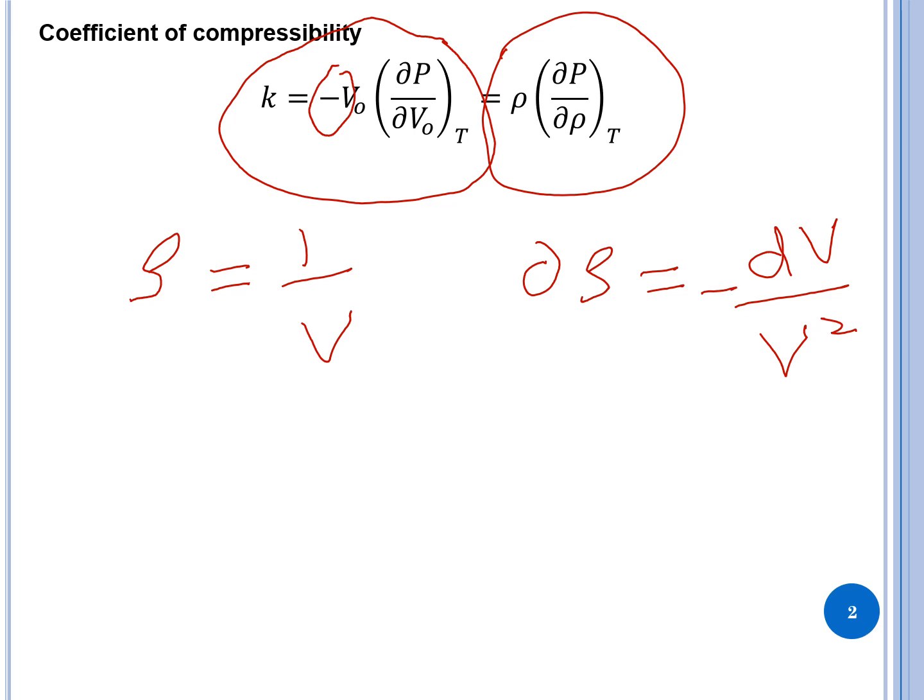So basically dV is negative V squared d rho.